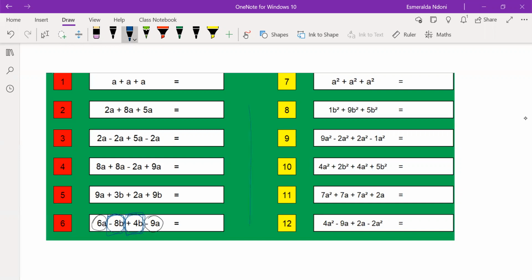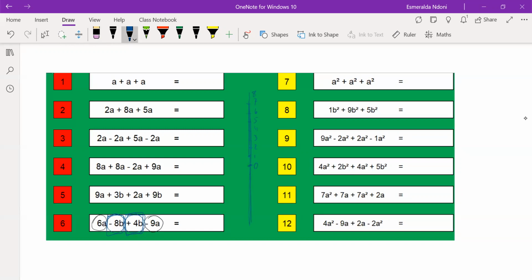You must draw the number line to help you. 0, 1, 2, 3, 4, 5, 6, 7, 8.